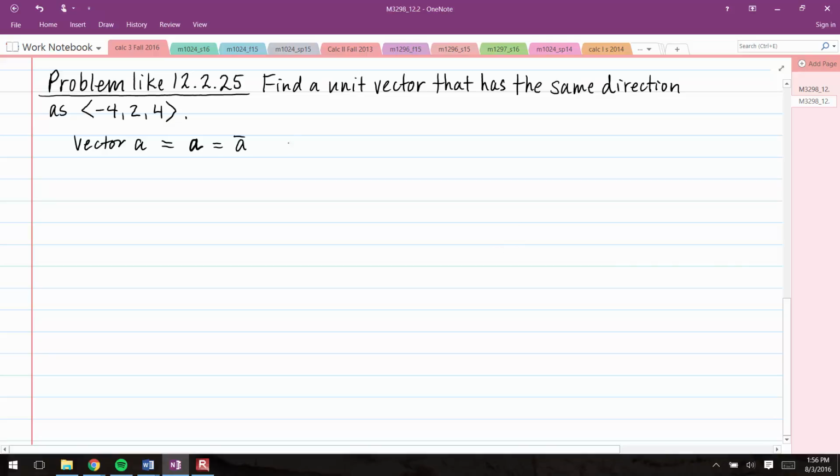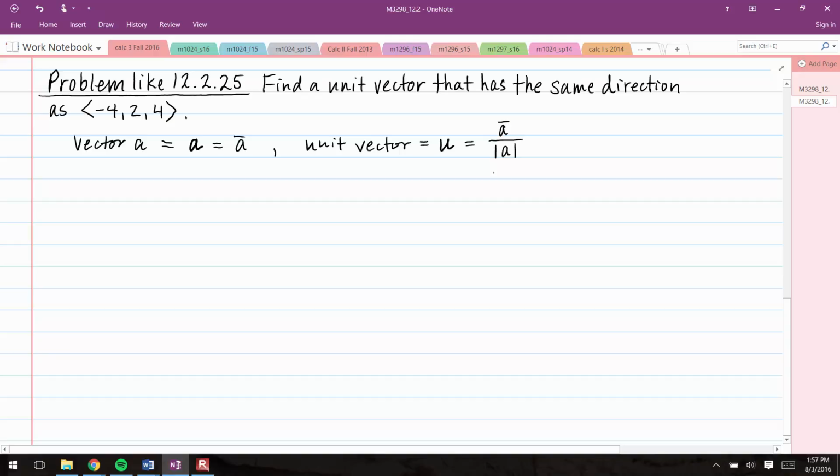Then a unit vector, which is denoted as U, is a vector that is 1 unit long, and it's in the same direction as a given vector A. And so the formula for that is just our vector, which we're denoting with A, over the magnitude of A. So that makes sense. Basically, we're just dividing by the magnitude so that we have that length scaled to 1.